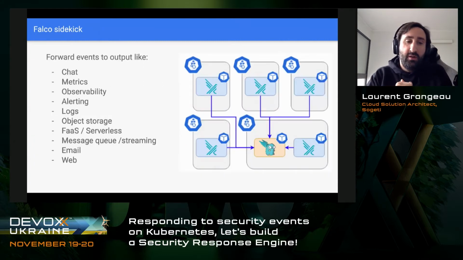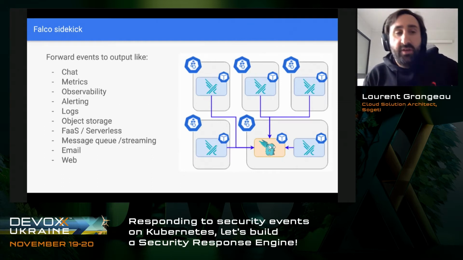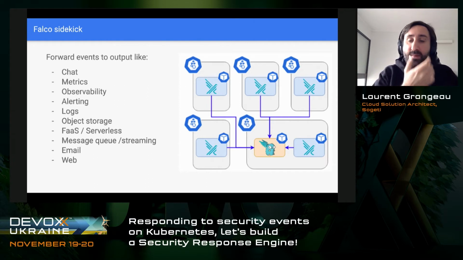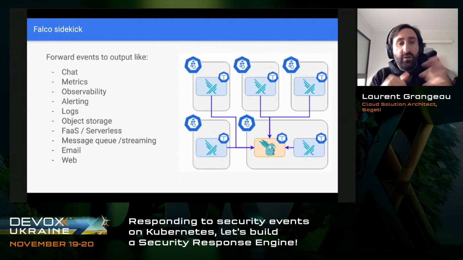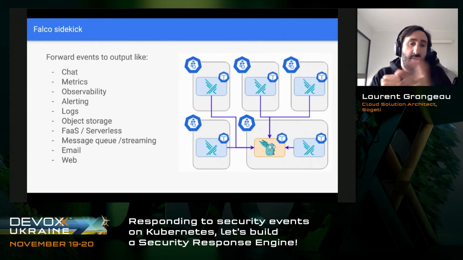So let me introduce a second project around Falco called Falco Sidekick. That's why you have running pods with Falco Sidekick running inside the namespace. Sidekick basically just gets the events from Falco and can send them somewhere else: chat, metrics, observability, logs, object storage, email, web, notifications, Slack, whatever.